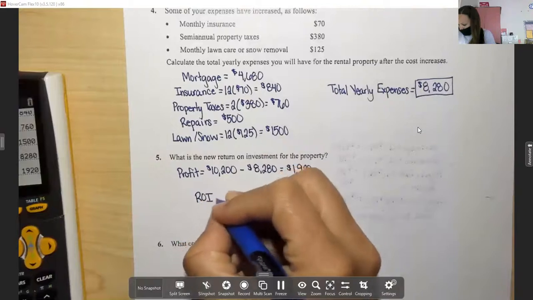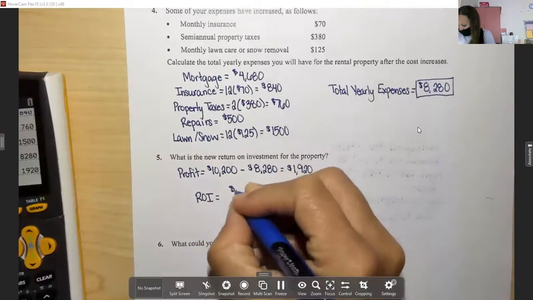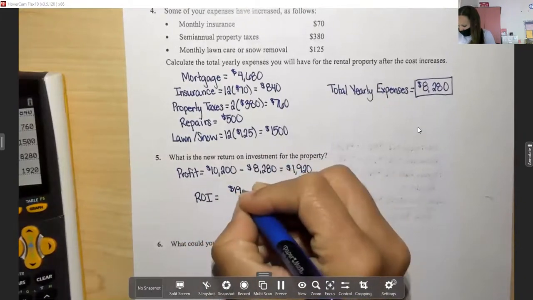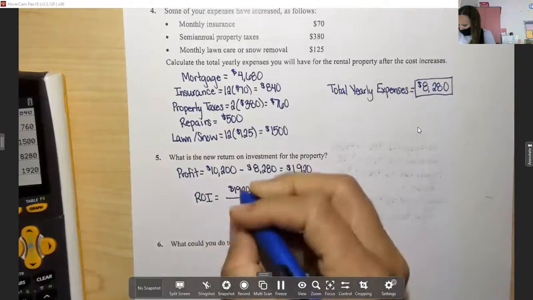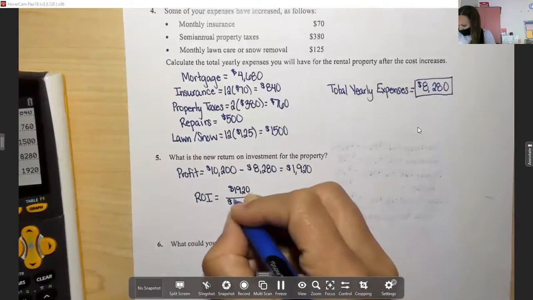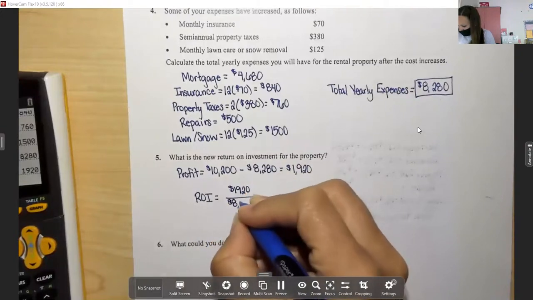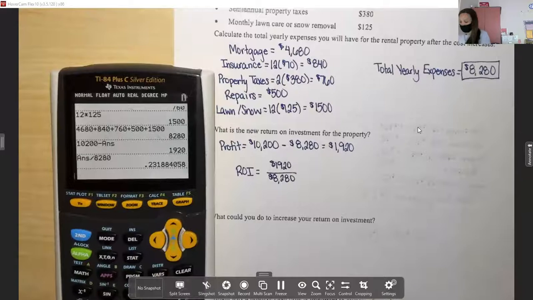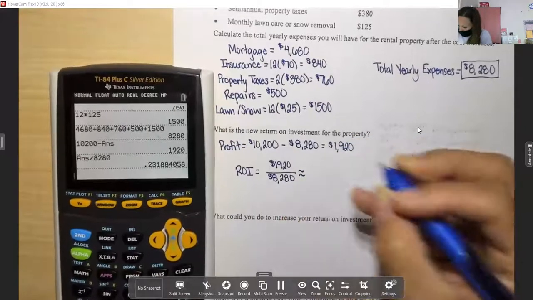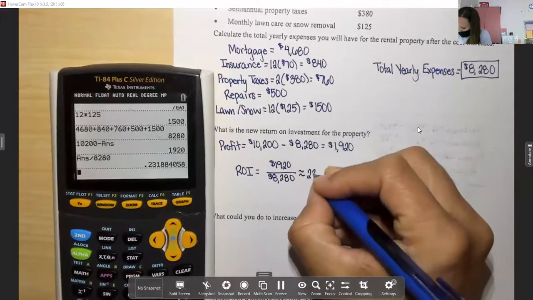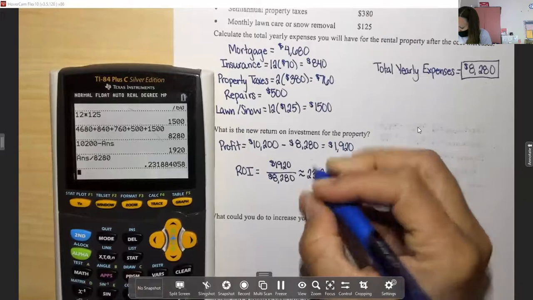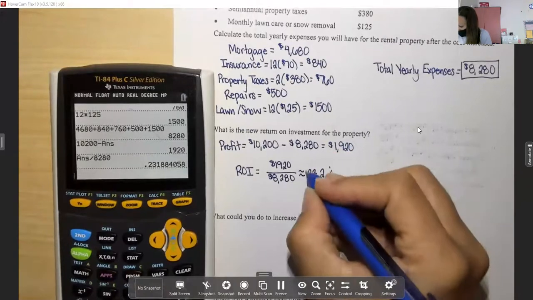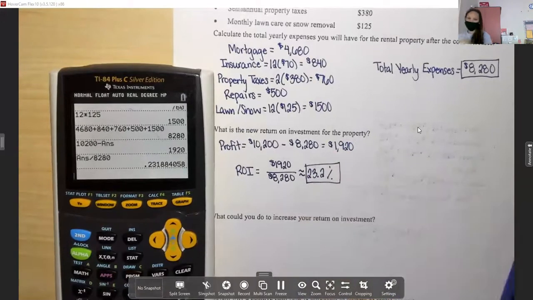So your ROI, your profit, divided by your investment cost, your expenses, how much you put in. About 23.2 percent. I forgot to write it as a decimal first, but that's okay.